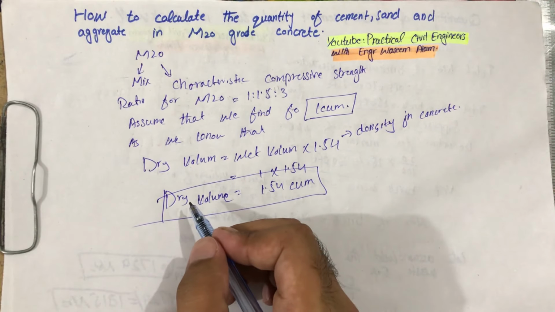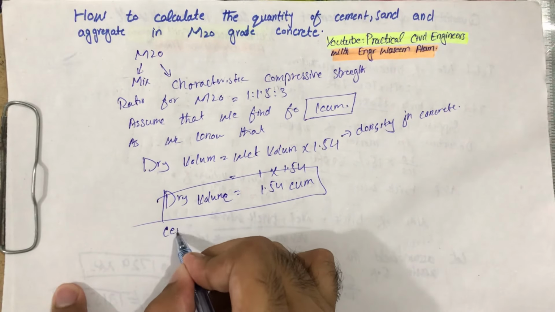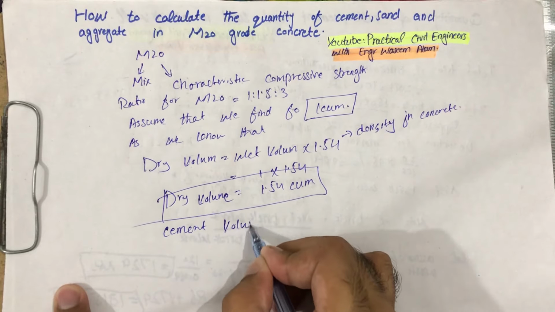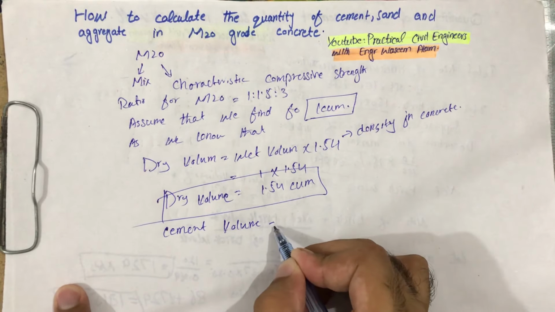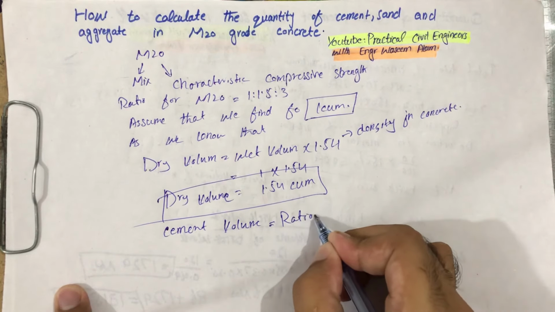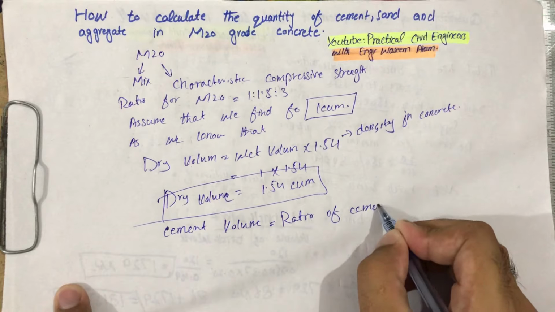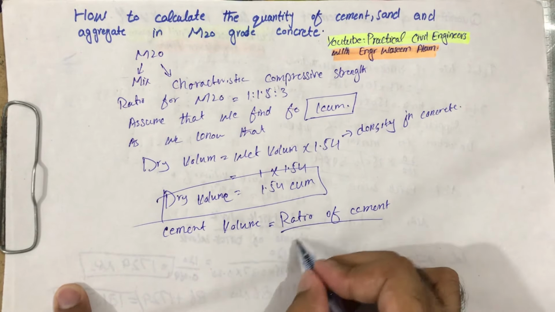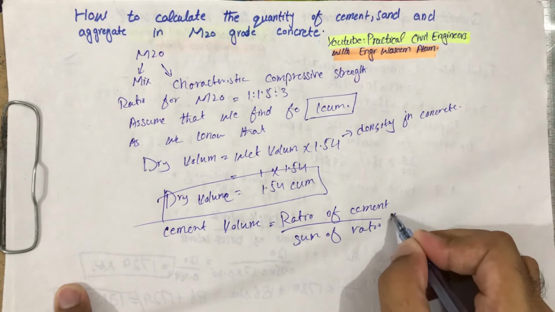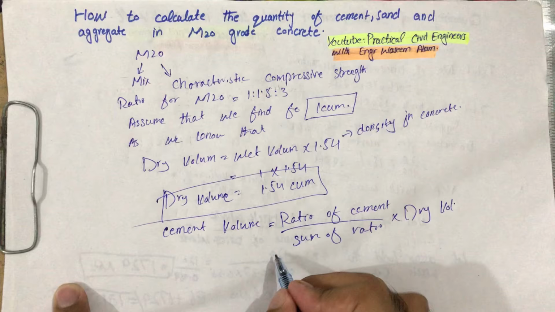Now we have to find cement, sand and coarse aggregate. For the volume of cement, we know that it is the ratio of cement divided by the sum of ratio, multiplied by dry volume.